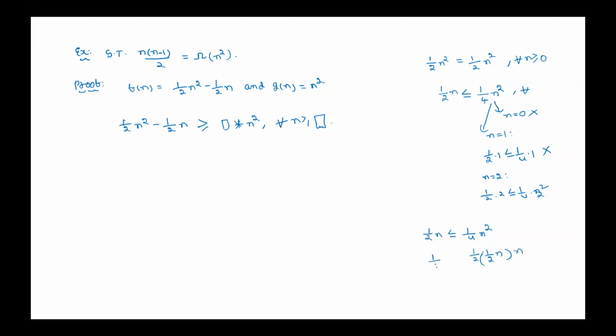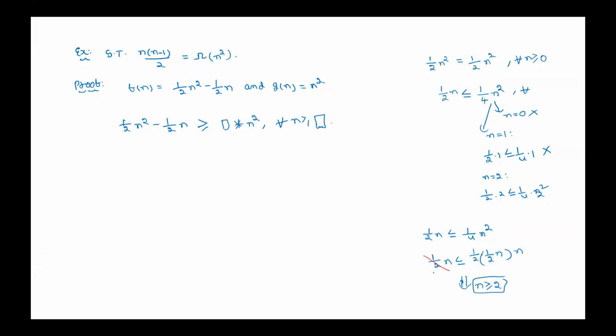So 1 by 2 into n is less than or equal to 1 by 2 into this. That means n will definitely be greater than or equal to 2. Is that correct?